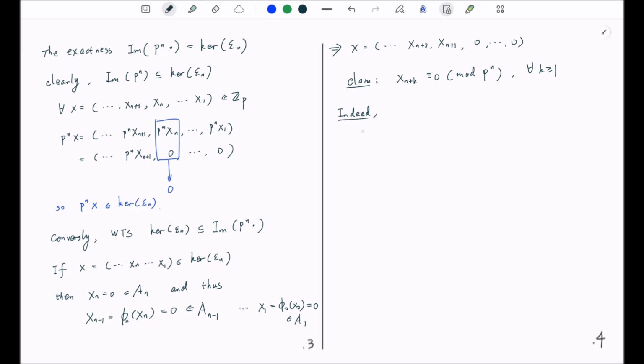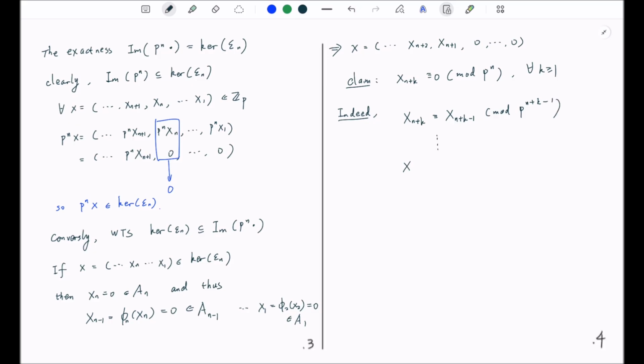This is because x_{n+k} is congruent to x_{n+k-1} modulo p^{n+k-1}.